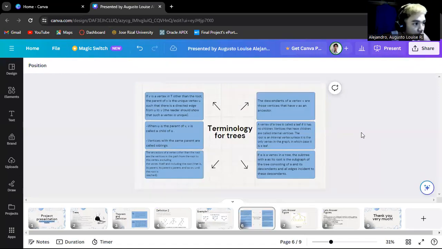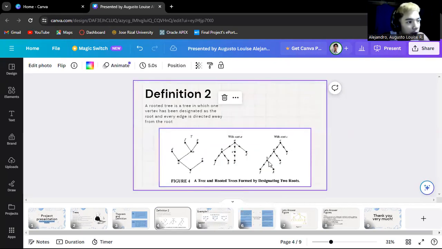The ancestors of a vertex other than the root are the vertices in the path from the root to this vertex, including the vertex itself and including the root. The descendants of a vertex V are those vertices that have V as an ancestor. Like here, the descendants of C are F and G, where F and G have C as an ancestor.